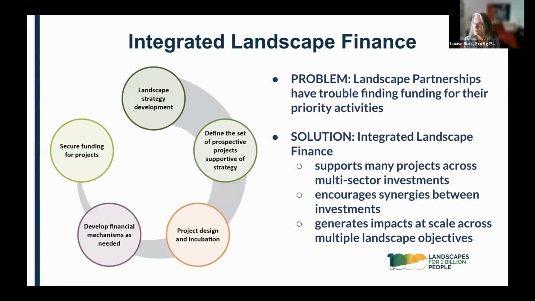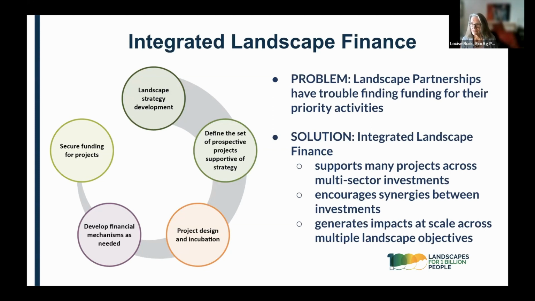Another foundational competency that we feel is needed to practice integrated landscape management well is what we refer to as integrated landscape finance. So a common problem in landscape partnerships is finding the funding that can support the priority activities of the landscape. And so integrated landscape finance is a proposed set of solutions to this ubiquitous problem.